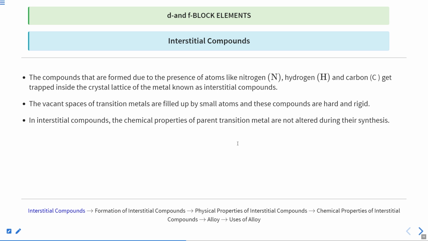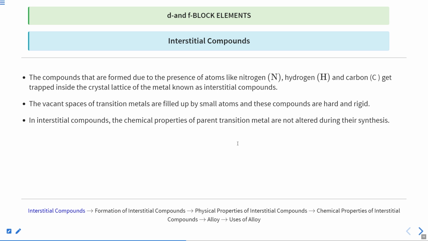First of all, due to the filling of the small atoms, these compounds are hard and rigid. Why is it so? Because it has a greater density. Initially, that same area would have had say 10 atoms. Now, since carbon and nitrogen are being inserted in between, there must be 12 or 13 atoms, and the density will increase.